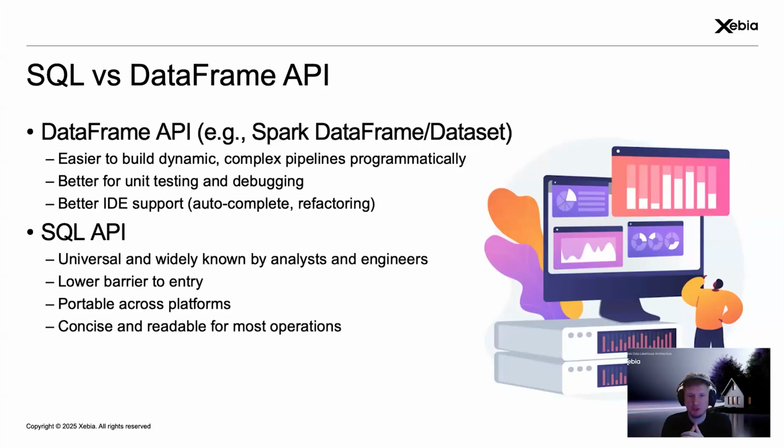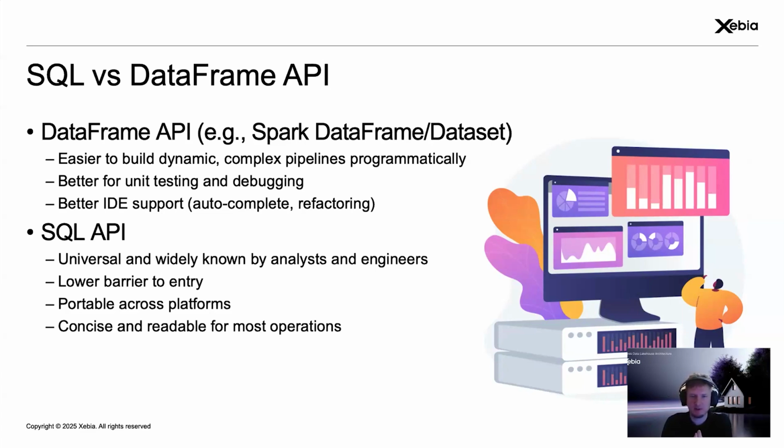The next decision we need to make is how we want to use our compute engine. The first method is the DataFrame API, well known from Apache Spark, which allows us to work with Scala code or Python code.